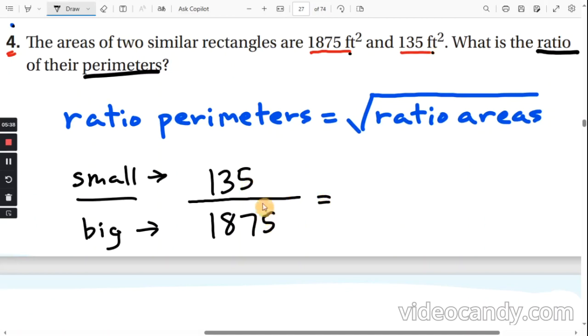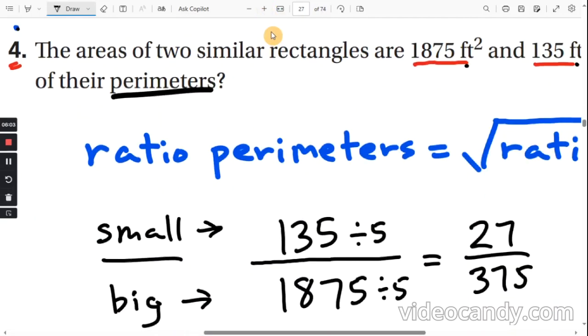They both end in a 5. So I'm going to reduce this, divided by 5, and divided by 5, top and bottom. Divided by 5, I get 27 over 375. I know 27 is divisible by 3. If you do 3 plus 7, that's 10, plus 5, that's 15. I can divide 15 by 3.